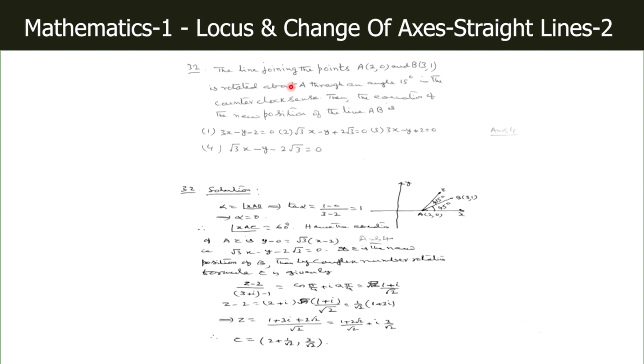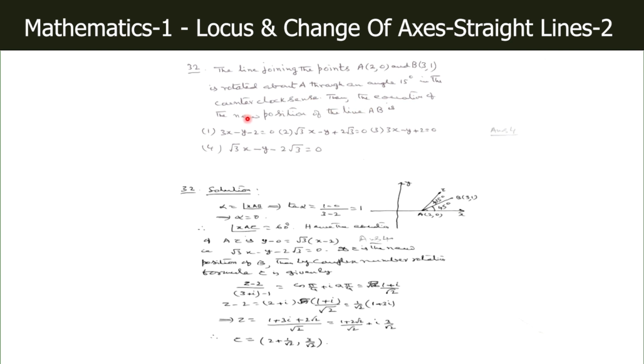So 32, next question is, the line joining the points A (2, 0) and B (3, 1) is rotated about A through an angle 15 degrees in the counterclock sense, that means anti-clock sense.